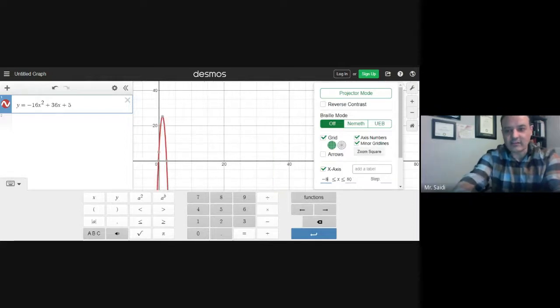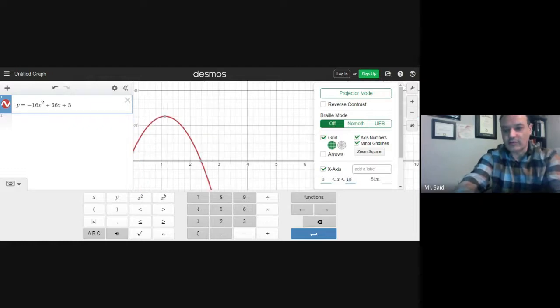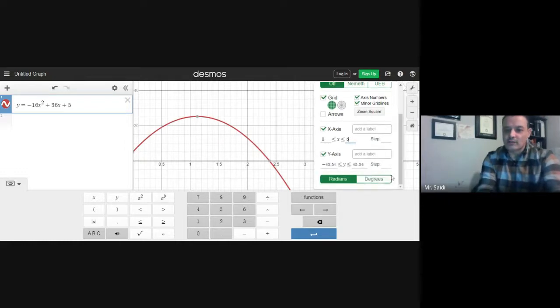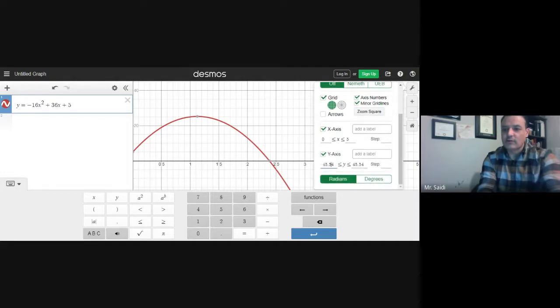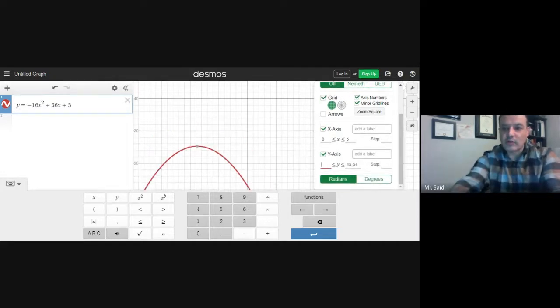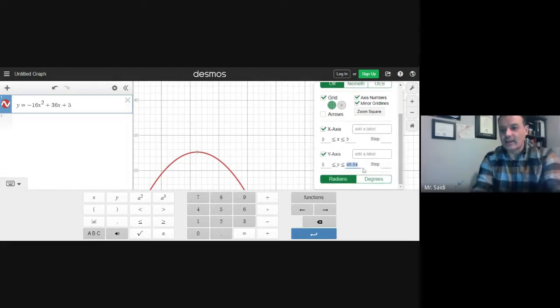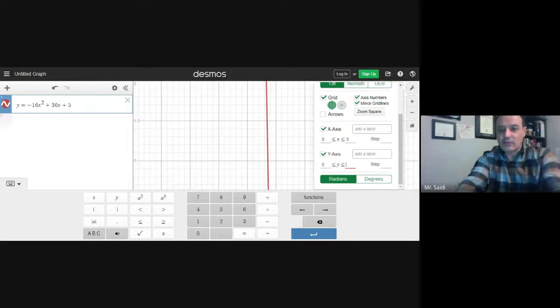My x-axis should be positive because that measures time, so like 0 to 10 seconds, or maybe 0 to 5 seconds. Then the y-axis is your height. For the y-axis, I want to put 0 to whatever height I think it's going to go to. Let's say 50. Actually 25. Make it 35.